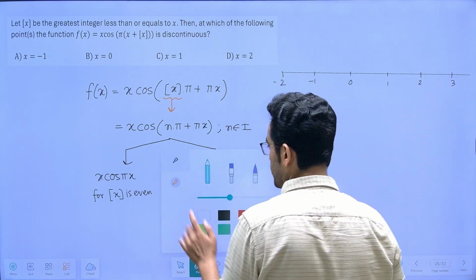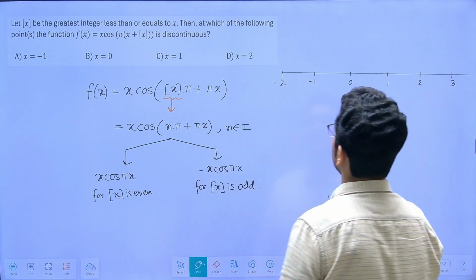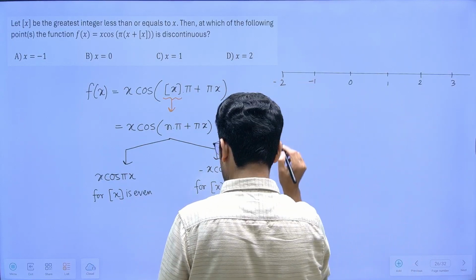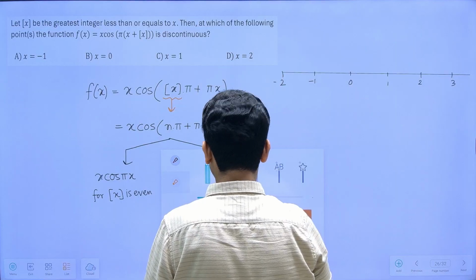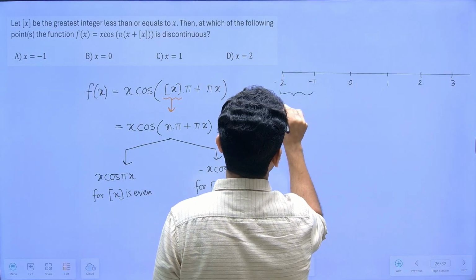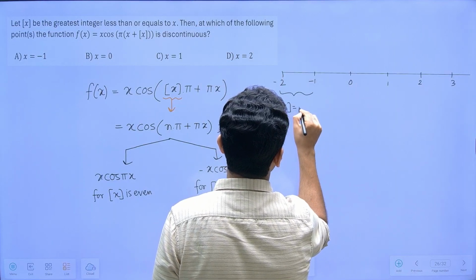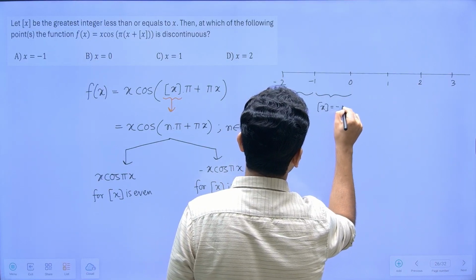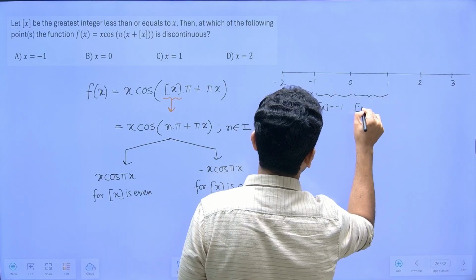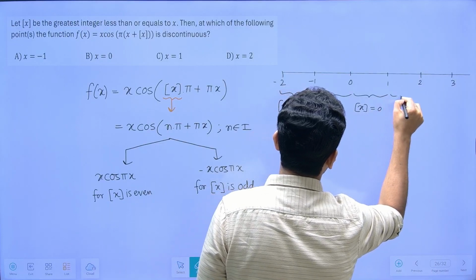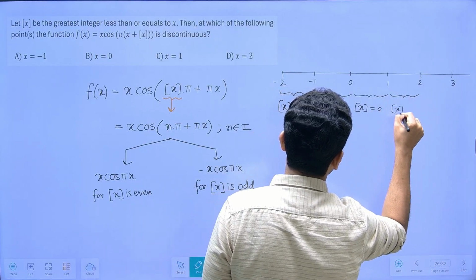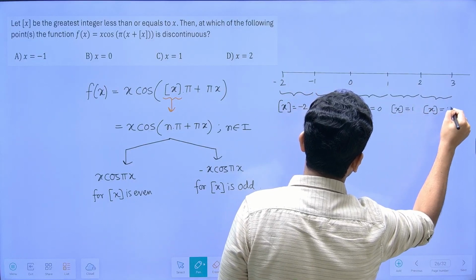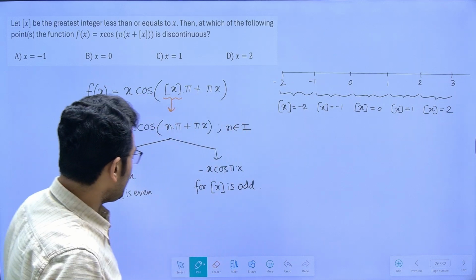Between -2 and -1, the box value is -2; from -1 to 0 the value is -1; from 0 to 1 it is 0; from 1 to 2 it is 1; and from 2 to 3 it is 2. Accordingly I can define the function.